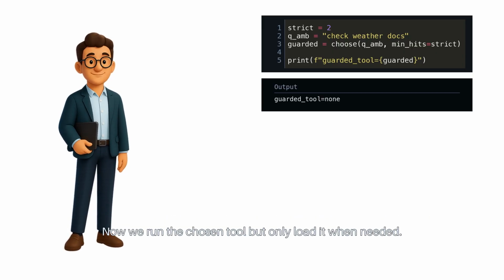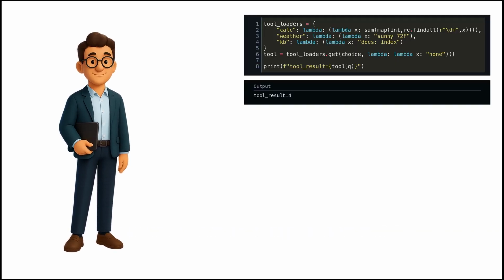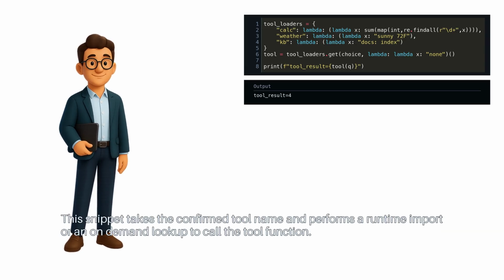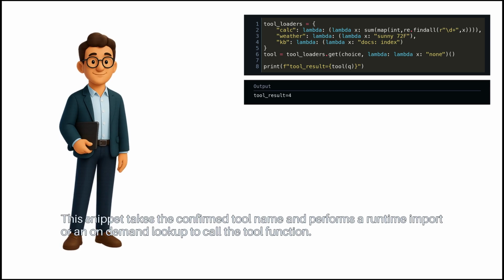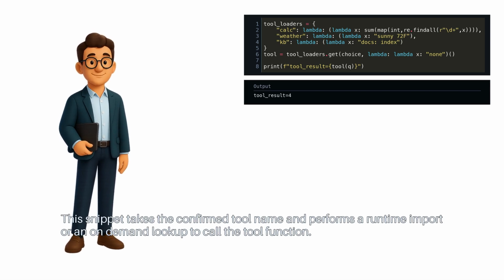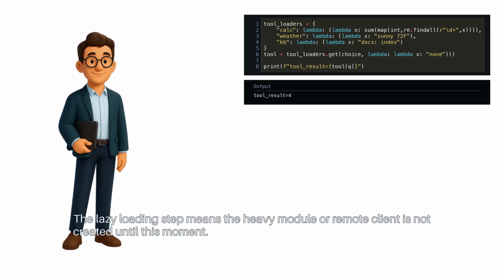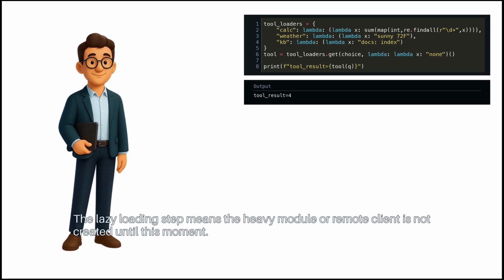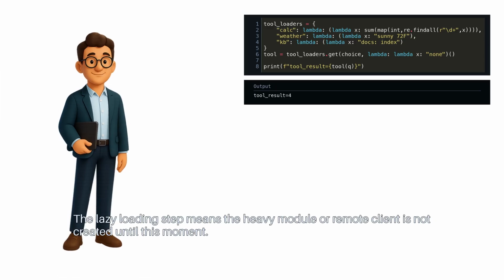Now, we run the chosen tool, but only load it when needed. This snippet lazily loads and runs only the chosen tool function using re. This snippet takes the confirmed tool name and performs a runtime import or an on-demand lookup to call the tool function. The lazy loading step means the heavy module or remote client is not created until this moment.